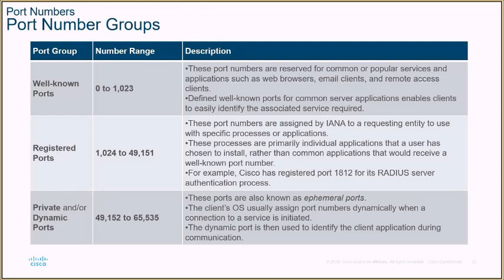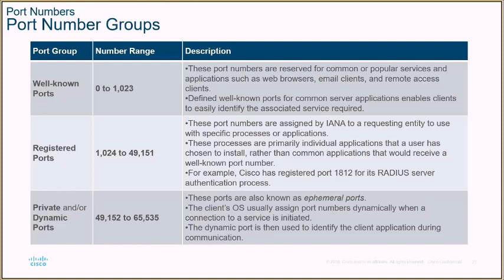These port numbers are assigned by IANA to a requesting entity to use with specific processes or applications. These processes are primarily individual applications that a user has chosen to install, rather than common applications that would receive a well-known port number. For example, Cisco has registered port 1812 for its RADIUS server authentication process.